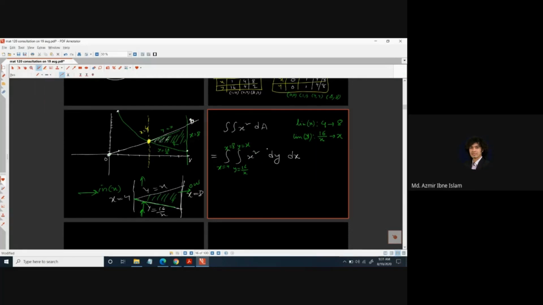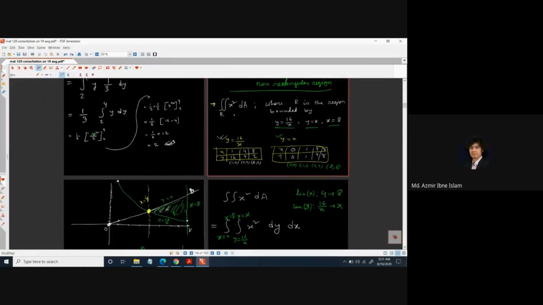Now sometimes in your question, you will be provided with this information, then you don't need to have any tension with the limits. But if you have this type of question, then you have to first draw the curves and then you will find the limits.